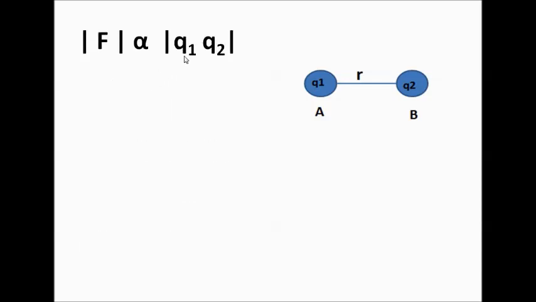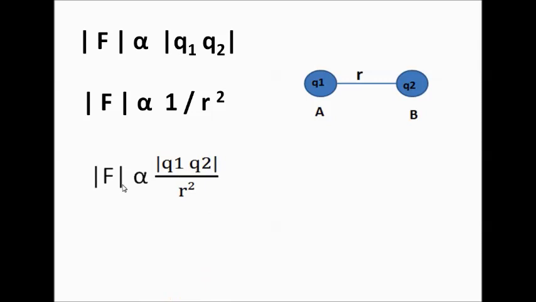Now we have to represent Coulomb's law mathematically. From the statement of Coulomb's law, we know that the magnitude of force acting between two static charges is directly proportional to the magnitude of the product of charges and inversely proportional to r square. Magnitude of force is proportional to 1 by r square. And by combining these two relations, we can write F is proportional to Q1 Q2 divided by r square.